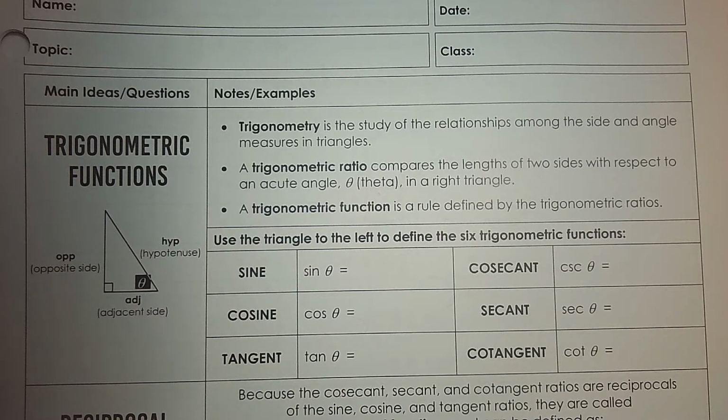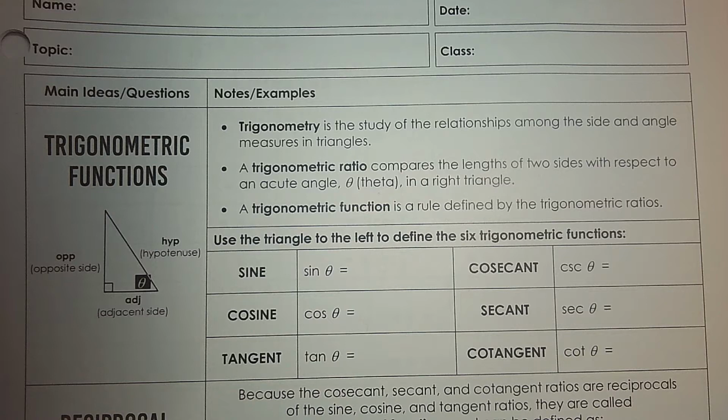Like here, this is cosine. So when you see this, you say cosine theta. Not sin, not cos. Sine theta, cosine theta. Tangent theta, not tan. This is cosecant theta, not csc, and secant theta.